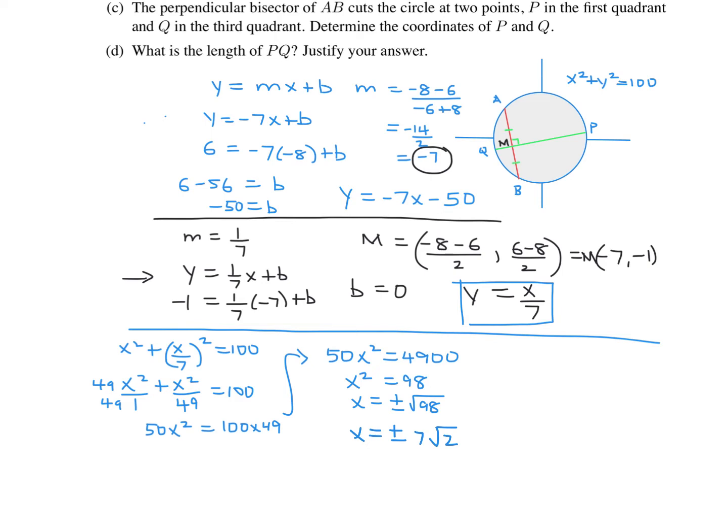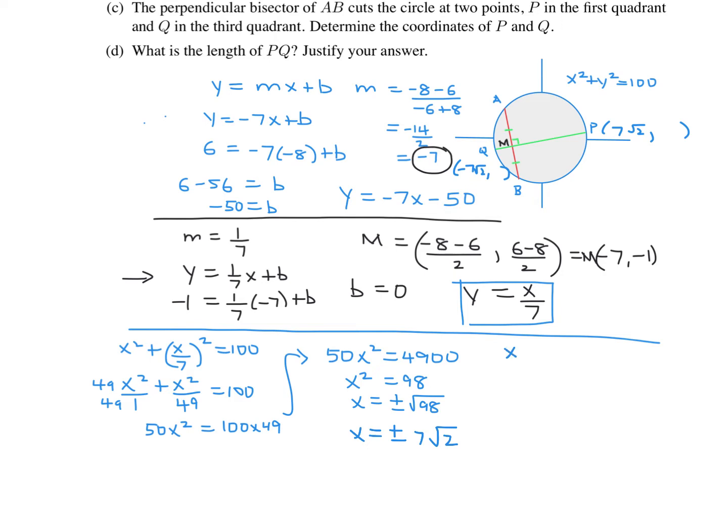Okay, so that means that one of these is positive. Obviously, P is the positive one. P has x equal to 7 root 2. And then Q is obviously the negative 7 root 2. And then we just have to figure out the y coordinates. And you do that by plugging back into there or there. I think this line equation is easier, so I'll do that.